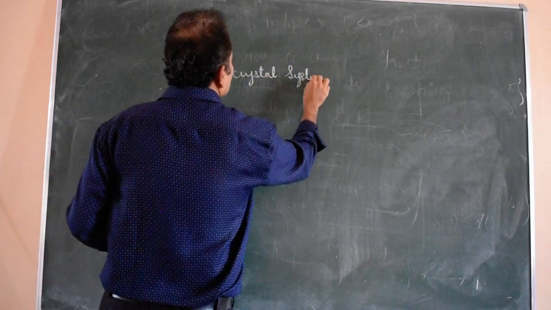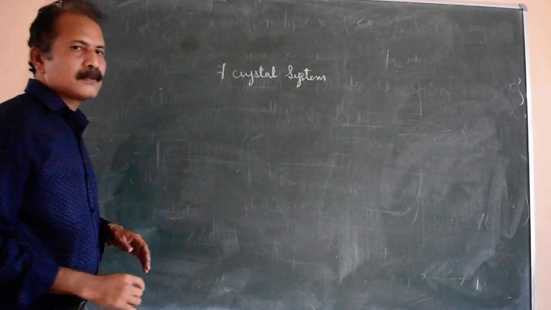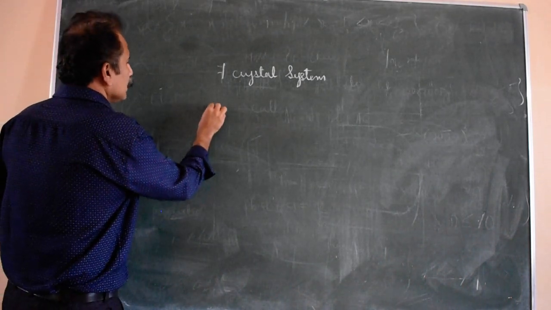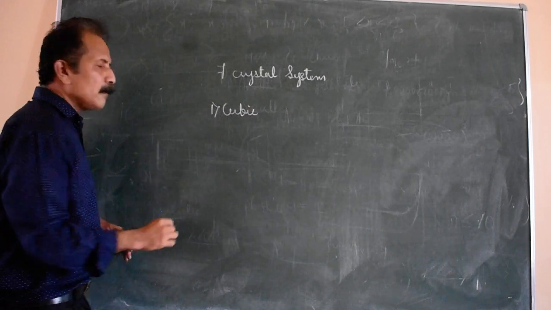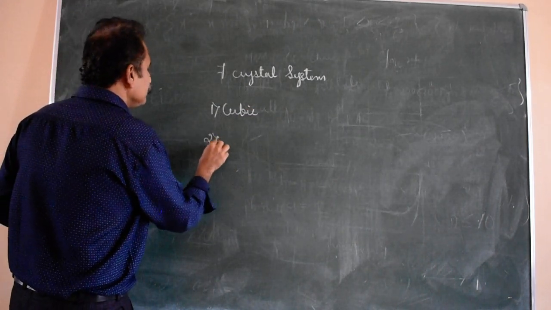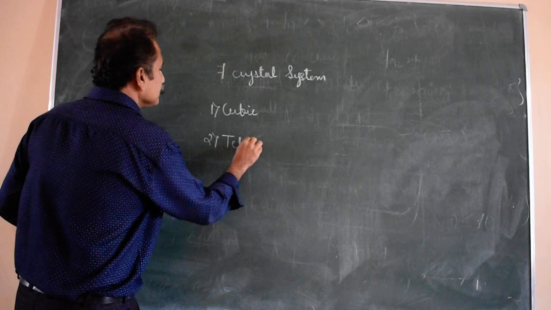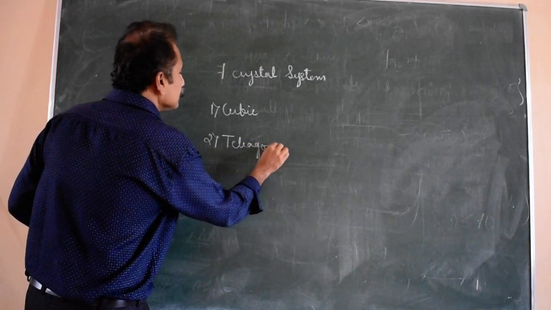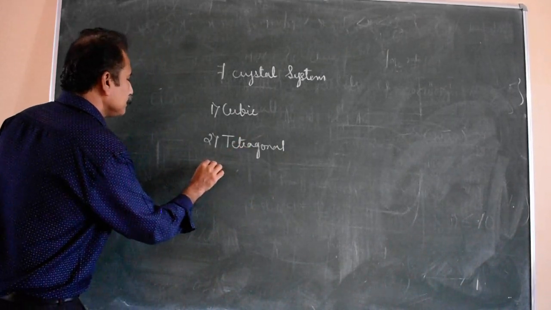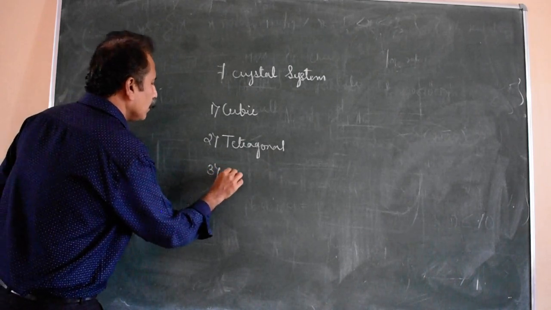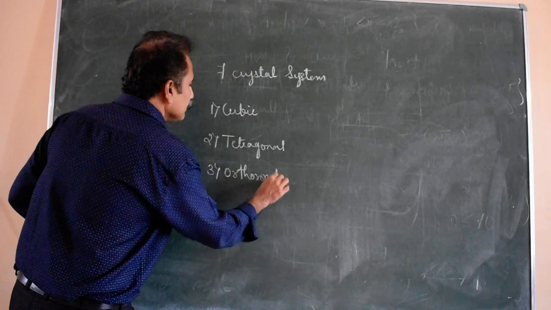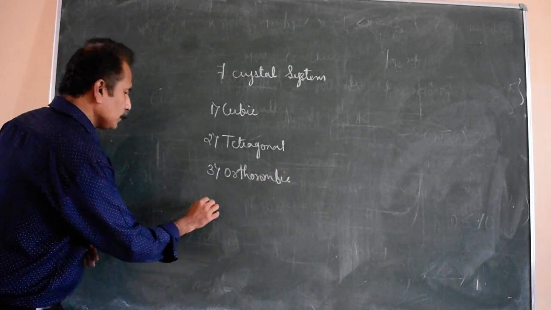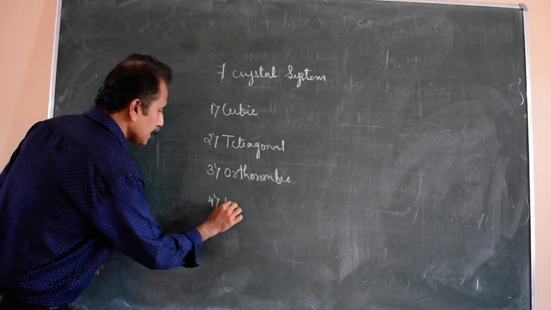So there are 7 crystal systems, starting with the first one, cubic. After cubic, tetragonal. Then comes the third one, orthorhombic. Fourth one, hexagonal.